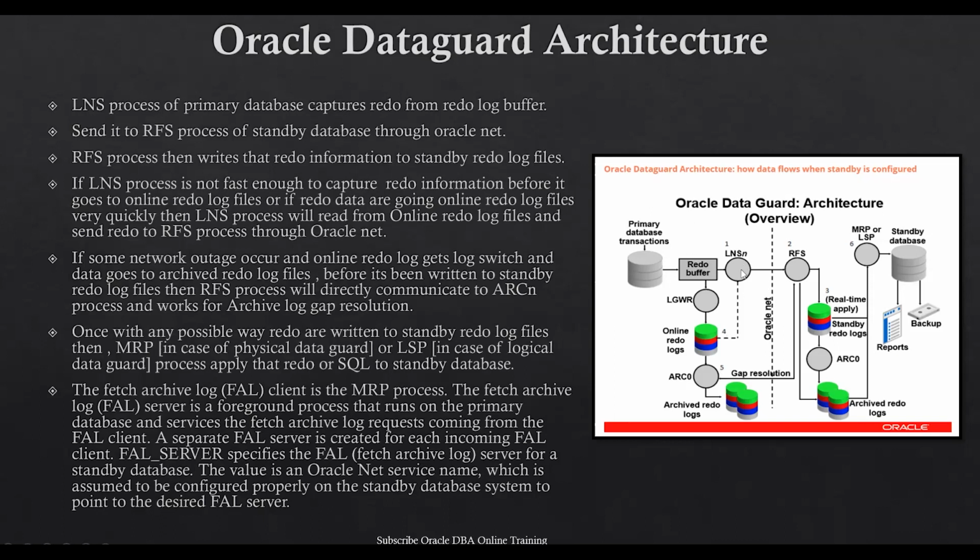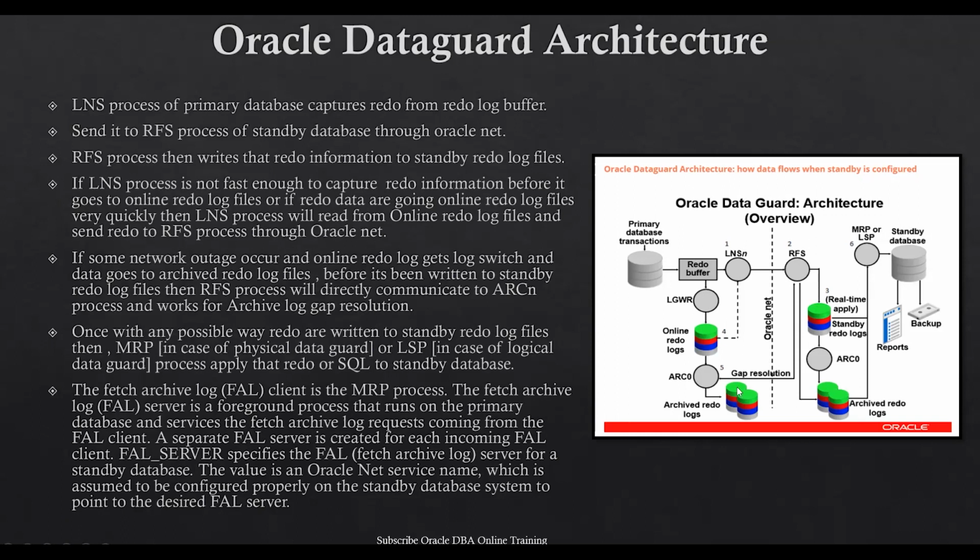Then the acknowledgement will happen from the standby to the primary. In the fourth step, the online redo log is written. After that, archiving is also happening, and in parallel, if there is a gap, it will get resolved.